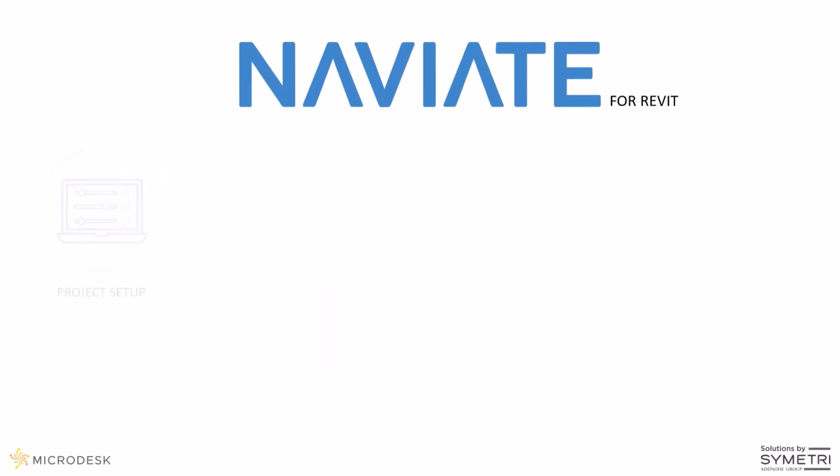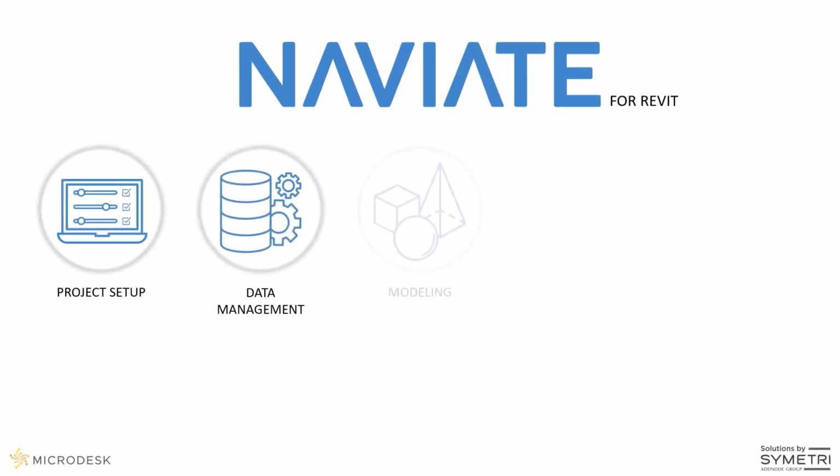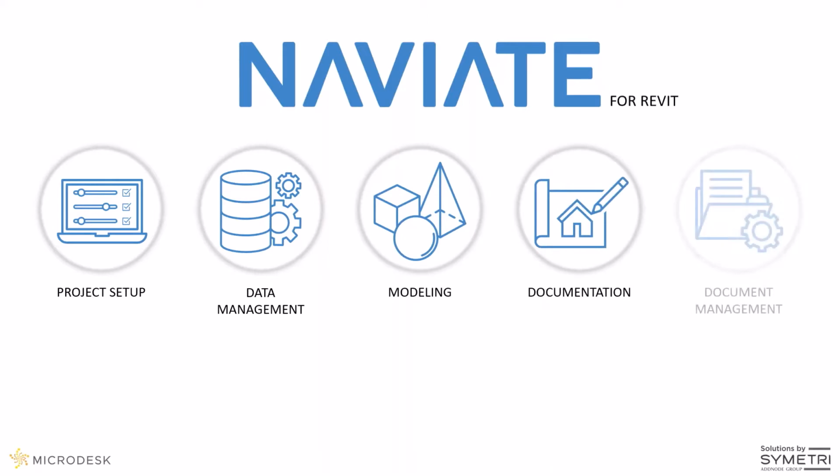Naviate for Revit as a whole is really focused on helping Revit users work smarter and is targeted at streamlining the entire project workflow, from project setup, data management, modeling, documentation, and document management. We have commands and features within our entire Naviate for Revit portfolio which cover all of these different aspects of your project lifecycle.